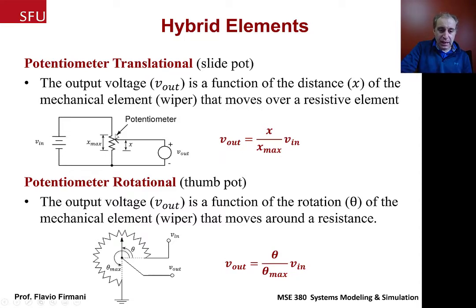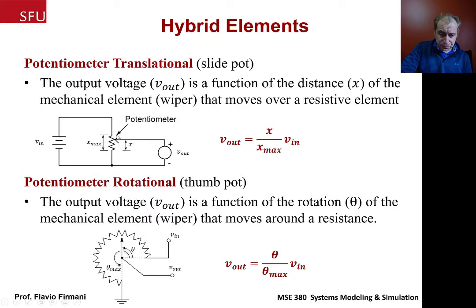If we put it at the very top, the input voltage is going to be equal to the output voltage. Based on this relationship, X is going to be equal to X max, so the numerator and denominator are both X max, they cancel out, and the input voltage and the output voltage are the same.